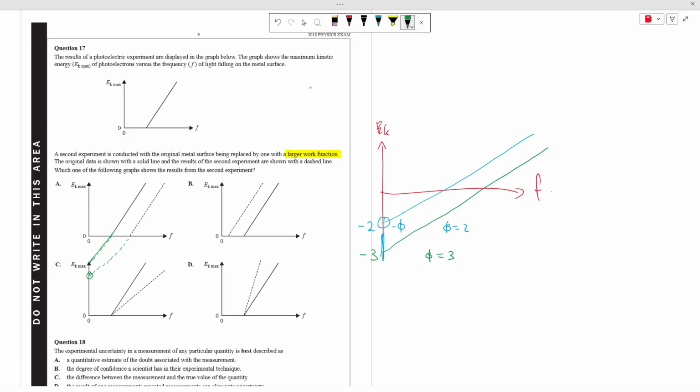It intersects at a lower point. So I'm going to claim that the answer there is A. It can't be C or D because the gradients don't match, and it's not B because this dotted line looks like it's been shifted up from the original solid line, which we know is wrong based on what I just said. So it's option A.